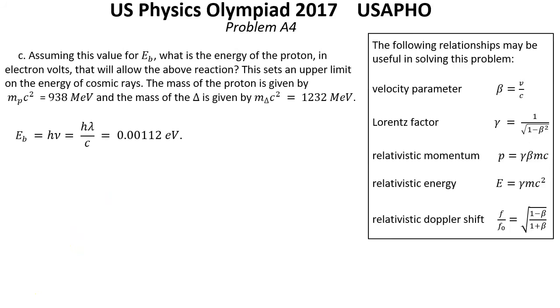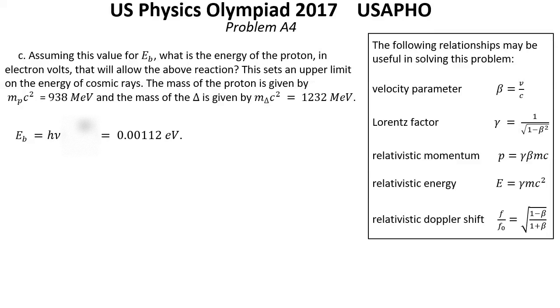Solution for question C. Assuming this value for E_b, which is this one, what is the energy of the proton in electron volts that will allow the above reaction? This sets an upper limit on the energy of cosmic rays.